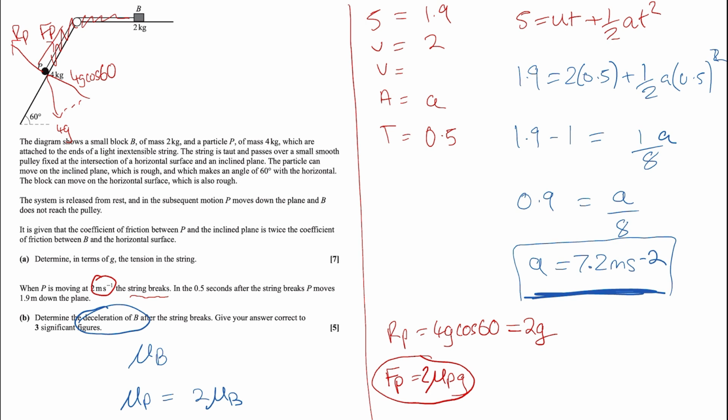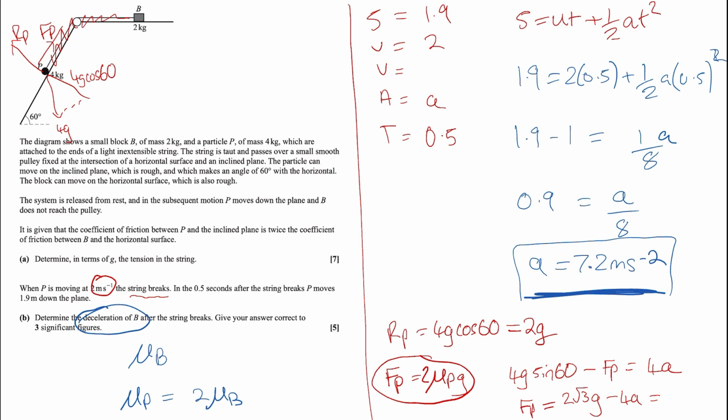So our equation in the direction of acceleration is now 4G sine 60 minus FP equals 4A. But we know what A is now, so we can work out FP. So FP is 2 root 3G minus 4A. Okay, so we'll go over to the calculator.